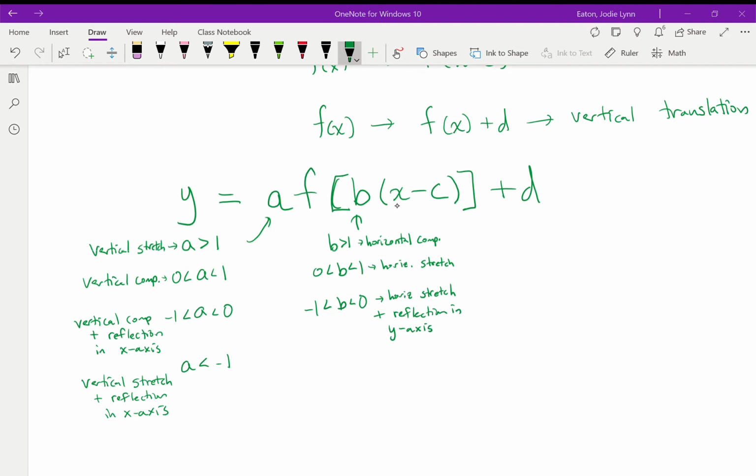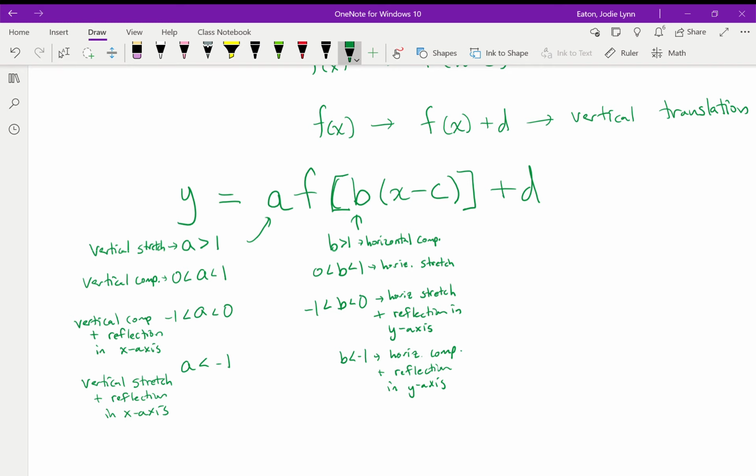And then b being less than -1, we get a horizontal compression plus a reflection in the y-axis. Okay, so if it's a reflection in the y-axis, remember you're reflecting x coordinates, you're negating those x coordinates.